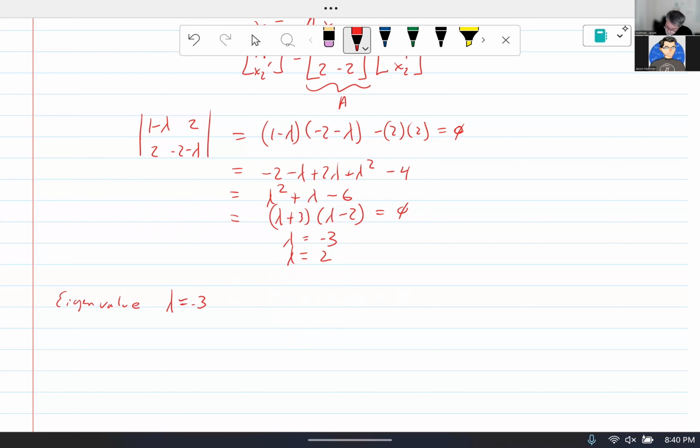So if I plug this into the matrix that I got, basically the A minus lambda I matrix, set that equal to 0, 0. And we want to solve the system of equations.